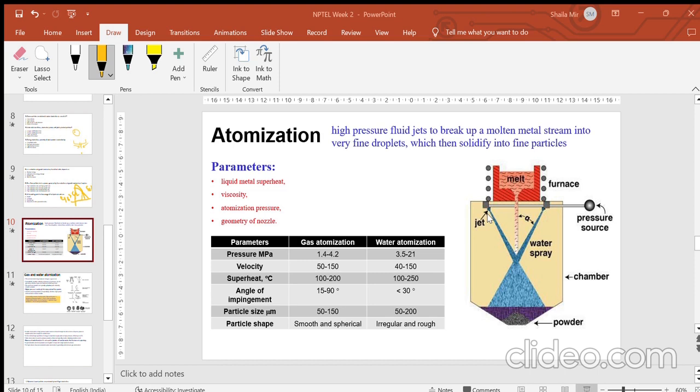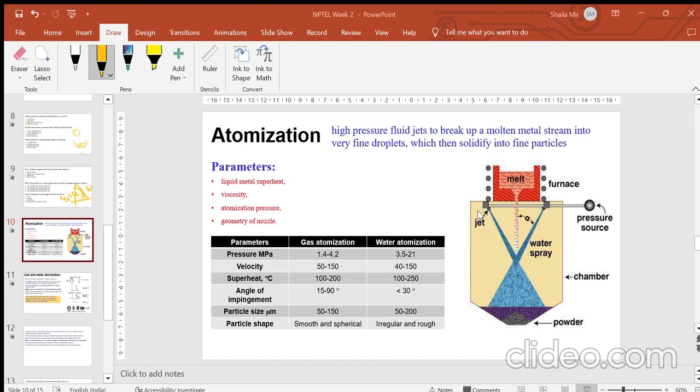For example, low cooling rates give a long solidification time, and as a result the particles will form spheres, as we talked about. But if you have high cooling rates in this process, you will have membrane type fragments. This is a major difference between gas and water based atomization.